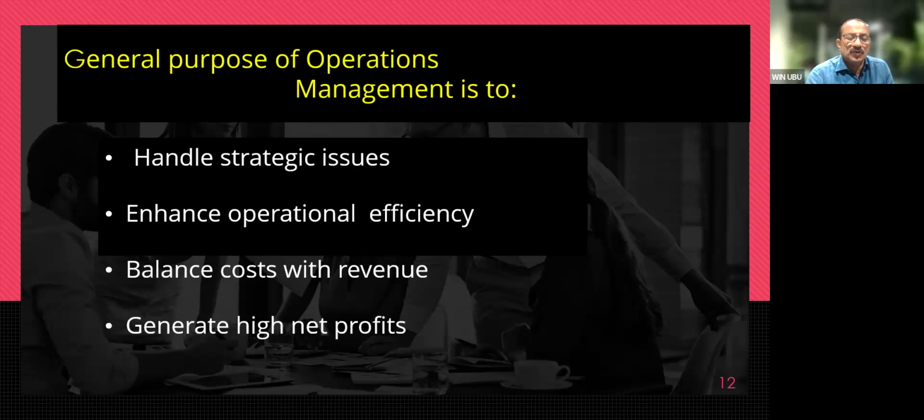And balance cost and revenue. Any company should always have balance between cost and revenue.